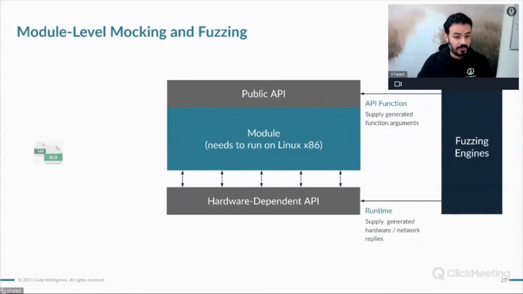So what does it actually look like? We start with the module definition, which configures the hardware dependencies and the public API. Here we say which functions are external, so which functions are not implemented by this module.